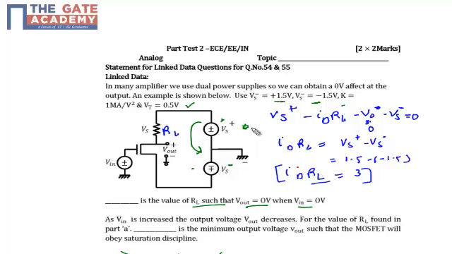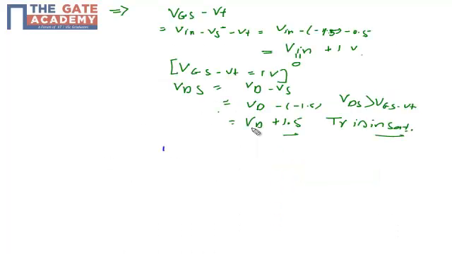ID is the saturation drain current, and I need to calculate the value of RL. If I put the value of ID here, I can easily calculate RL. So let's find ID, the drain current of the NMOS in the saturation region, using the formula K by 2 times (VGS minus VT) the whole square.